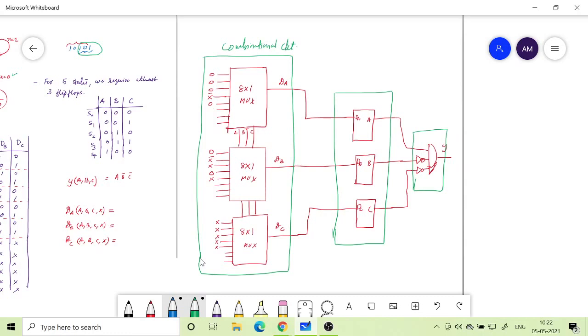So here I will have additional inputs from the output of the flip-flops, so I should show that also.